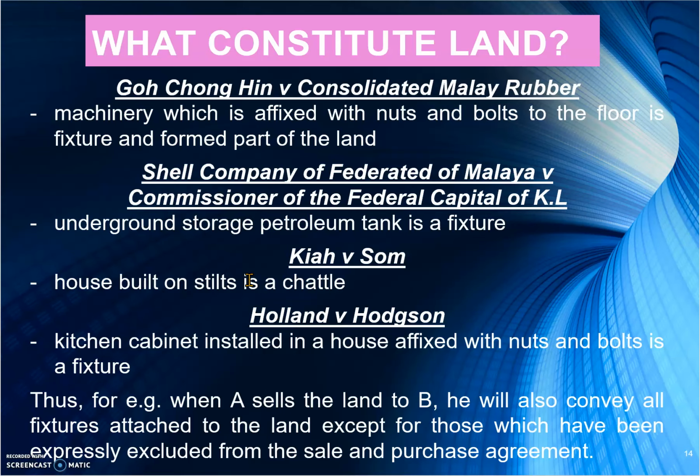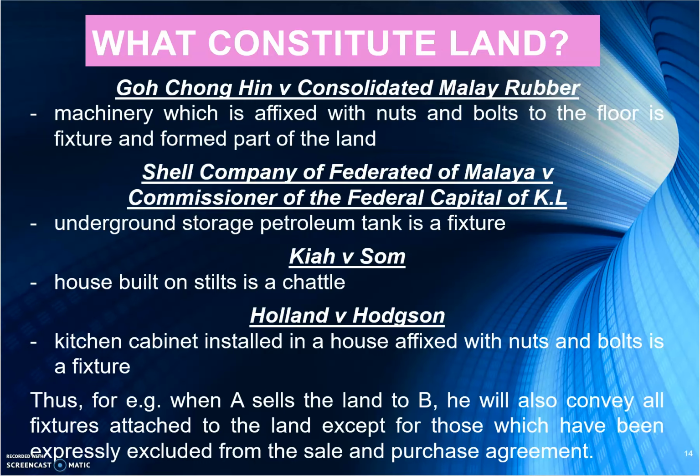However, if in the agreement itself, it's stated that the sale is without that particular air conditioner, and Ahmad agrees to it, then those items would not form part of the land. You have to read the agreement.